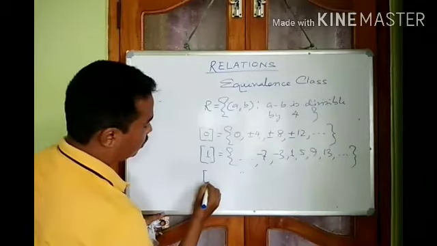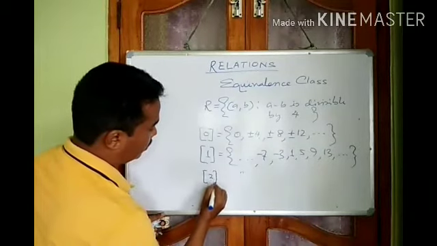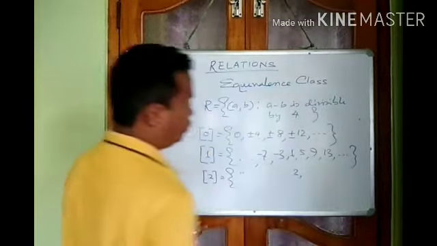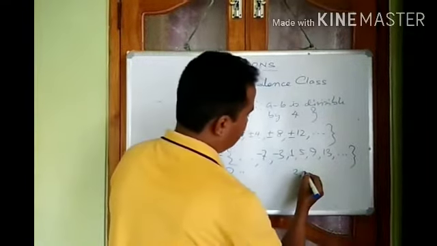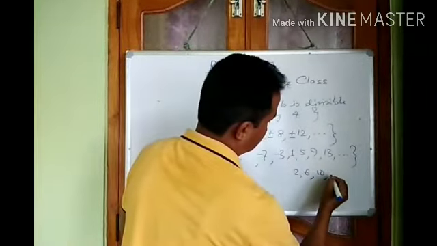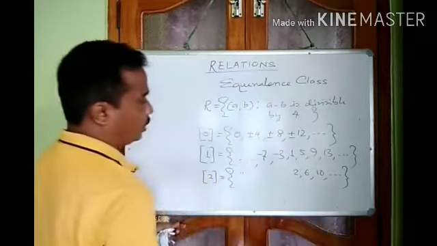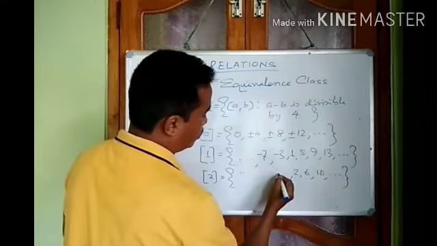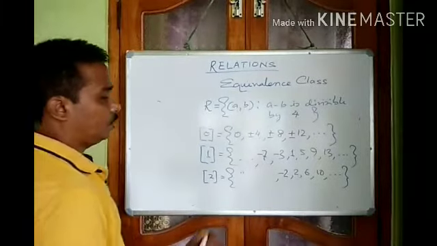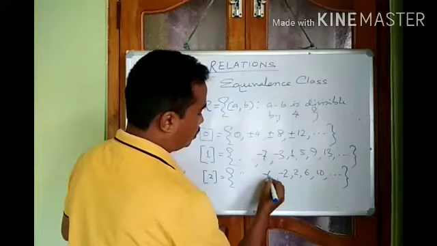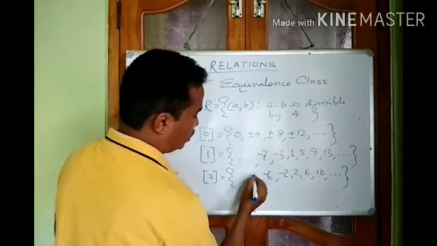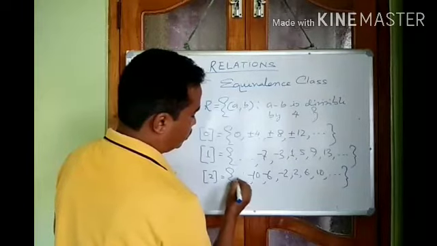And the elements related to 2 are, we'll write 2, then 2 plus 4 is 6, 6 plus 4 is 10, and here again in the same way 2 minus 4 is minus 2, minus 2 minus 4 is minus 6, minus 6 minus 4 is minus 10.